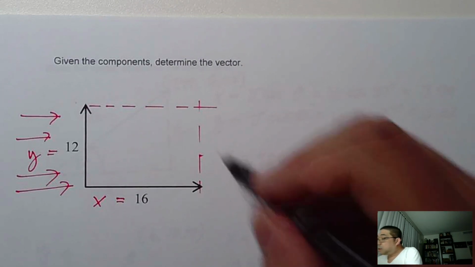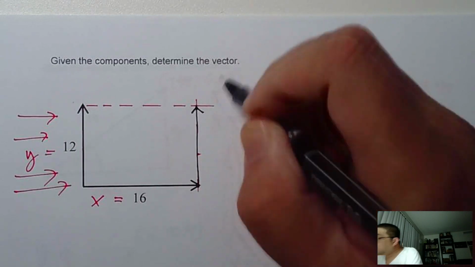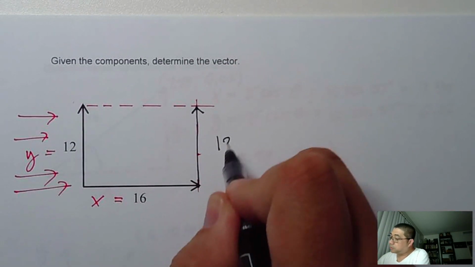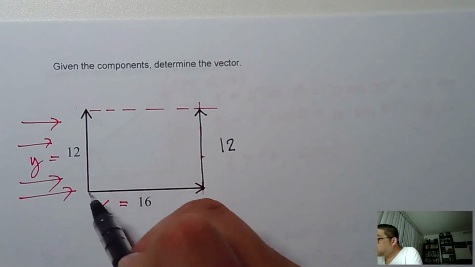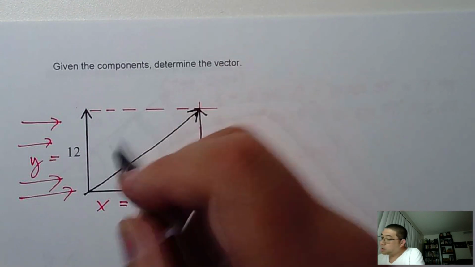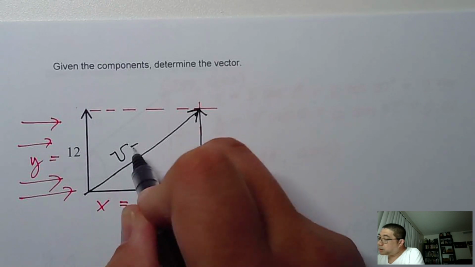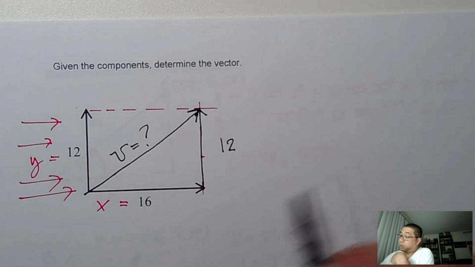Okay, so that component is right here. So now that is 12. So this is your 12, and you want to figure out the vector. So the vector is from this point to that point. So figuring out what is this vector. Okay, what is this vector?